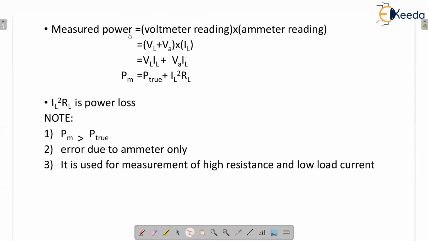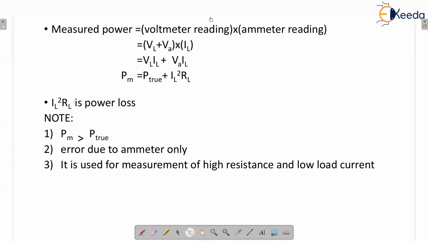What is measured power? A generalized formula in DC power is P equal to VI. So what is the voltmeter reading?